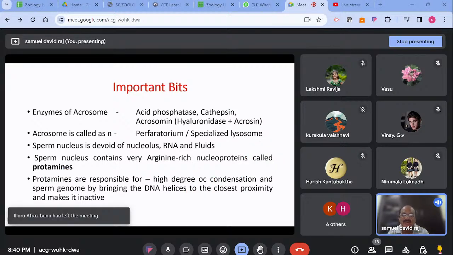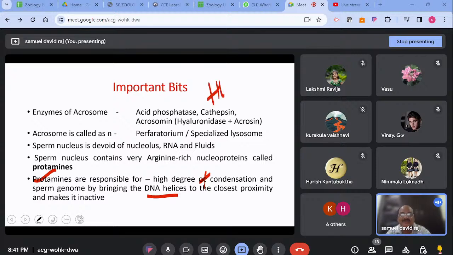Why is this required? This is responsible for condensation of the chromatin. When condensation of the chromatin takes place, there is no gene expression. Protamines are responsible for a high degree of condensation of the spermatozoon, where the DNA helices are brought to the closest proximity, and it becomes heterochromatin, which is genetically or transcriptionally inactive.